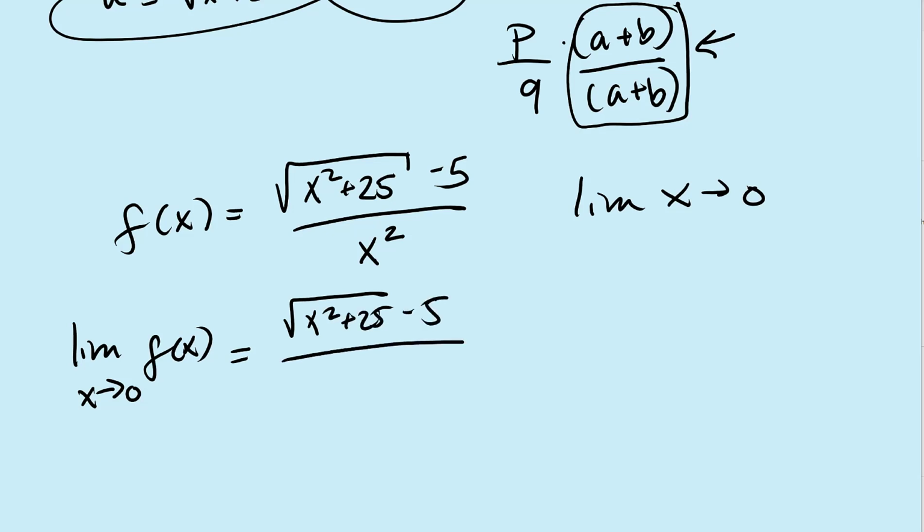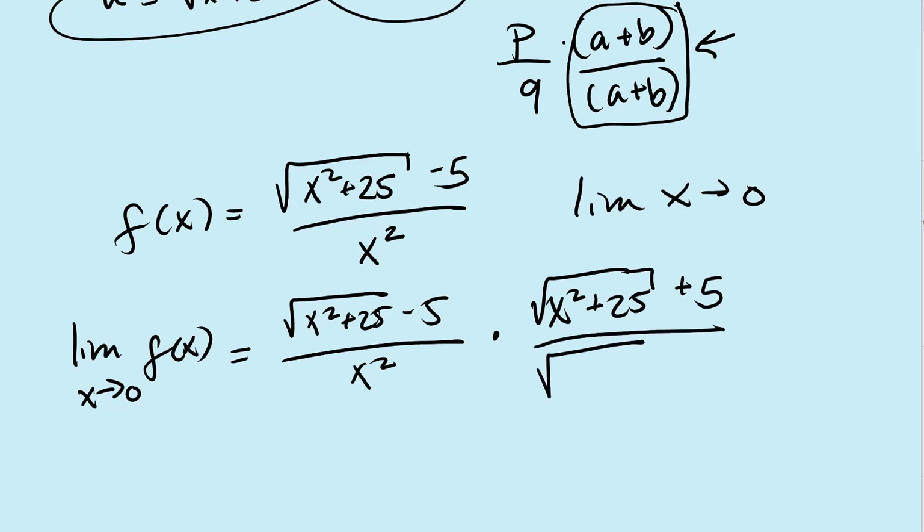I'll write it out first. By the square root of x squared plus 25 plus 5, divided by the square root of x squared plus 25 plus 5. Again, we are multiplying and dividing by the same number, right? So we haven't really changed this fraction. And again, we're looking at the limit when x goes to 0.